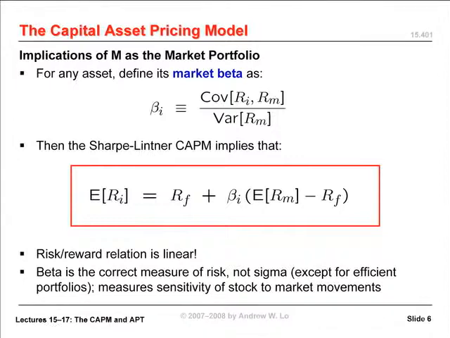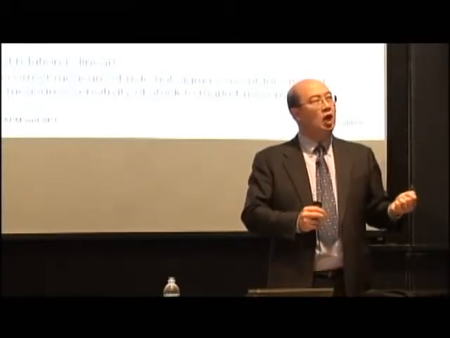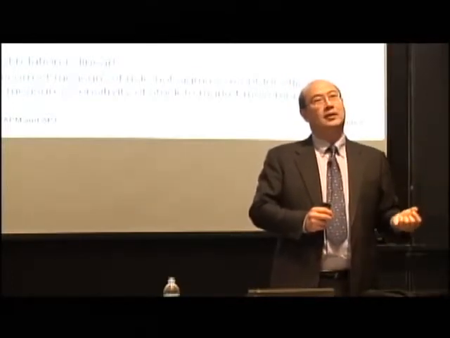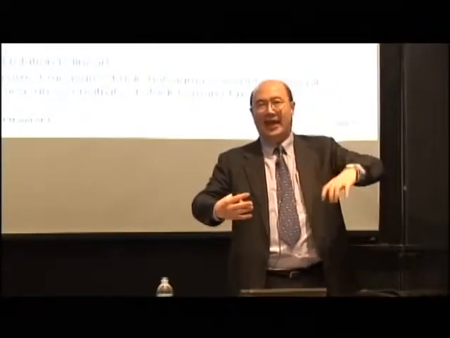If, on the other hand, you have a security that is negatively correlated with that market portfolio, that's going to help you a lot. And if it's going to help you a lot, you're willing to pay for it. When you're willing to pay for it, what does that mean? You drive the price today high, and therefore the expected rate of return, which is the return between today and next period, becomes lower.